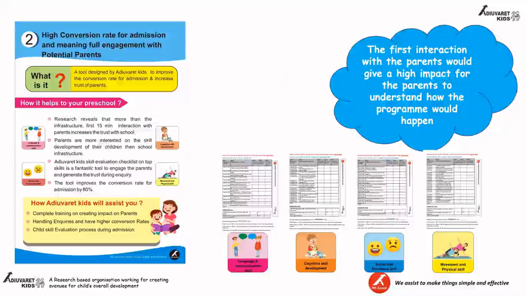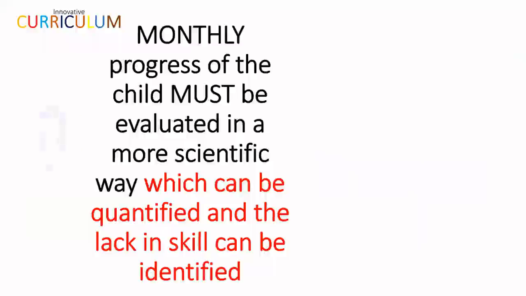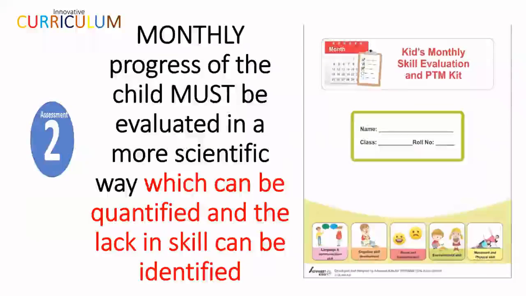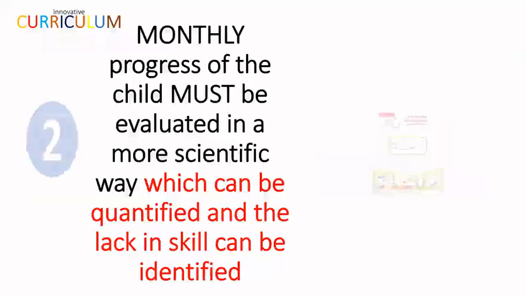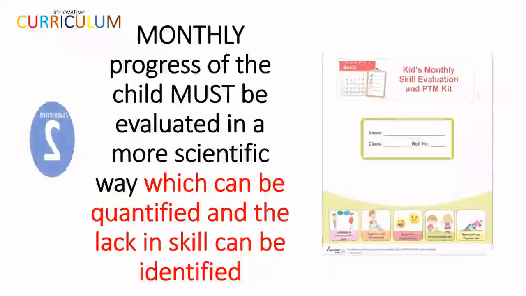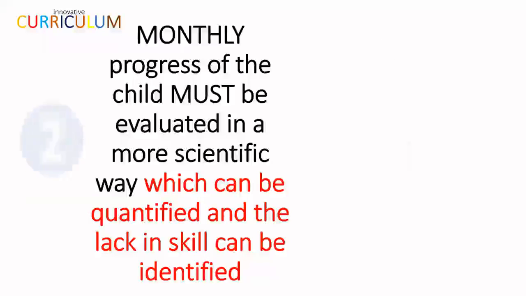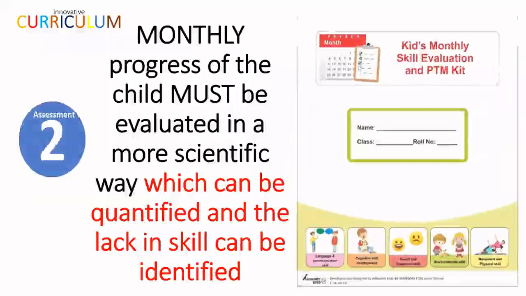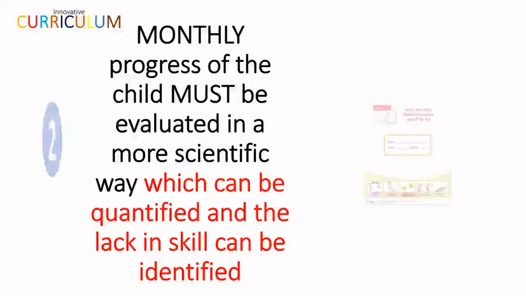And the confidence in the school and the skill building process for the parents goes up multiple ways, and their trust is also built in a very, very positive way for the schools. Now, second one, we are talking about the monthly progress. I have already discussed that the monthly progress must be assessed based on the 4 weeks teaching schedule that was already discussed in our weekly teaching schedule in our previous video.